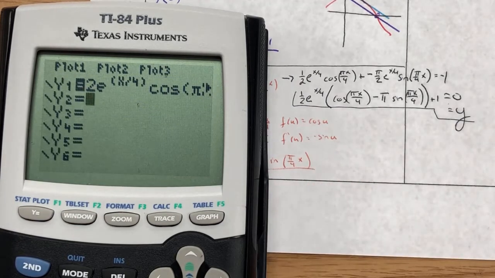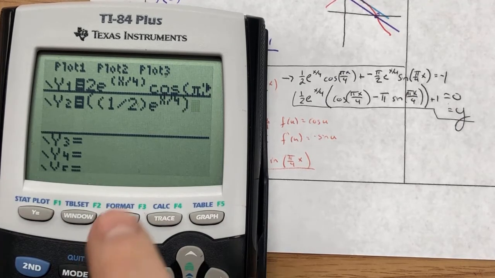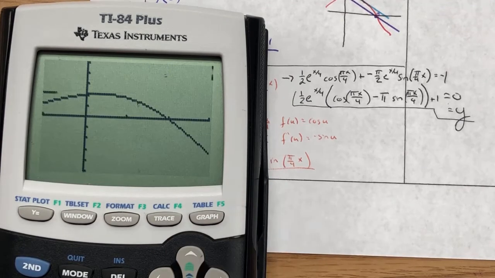So let's go ahead and try our best to type this all in properly. 1/2 e to the power of x over 4, times the cosine of pi x over 4 minus pi sine pi x over 4 plus 1. Let's graph this.